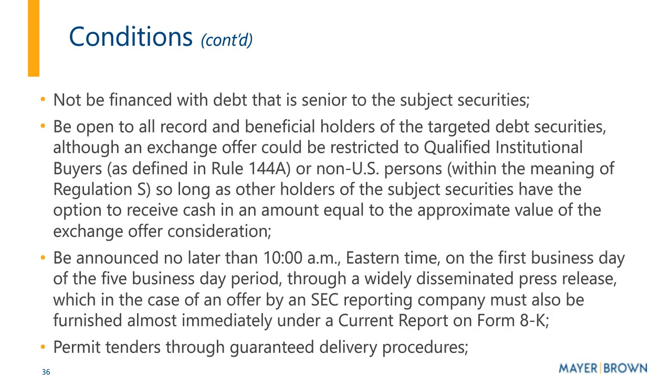There can't be any financing with debt that's senior to the debt that's being tendered for. So senior debt can't be used to finance the offer, and that excludes debt that may already be outstanding. So let's say, for example, you're a company that has a credit facility, a secured credit facility, and it's outstanding. You've drawn down on it.